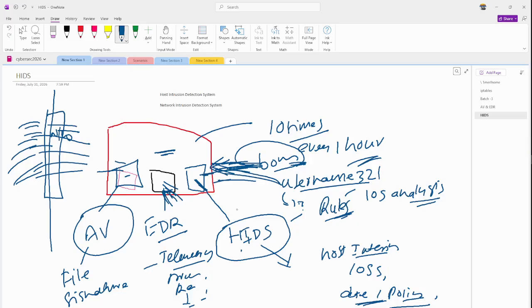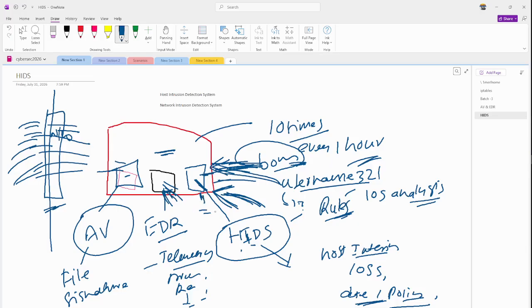What if someone is trying from inside? Then the HIDS, host intrusion detection, will detect it. Not at the network level, it will be detecting at the host level.